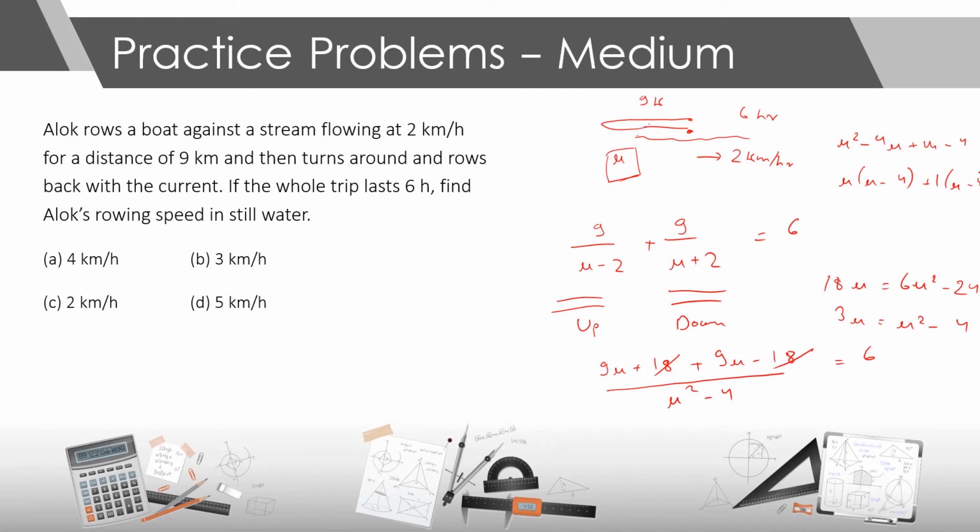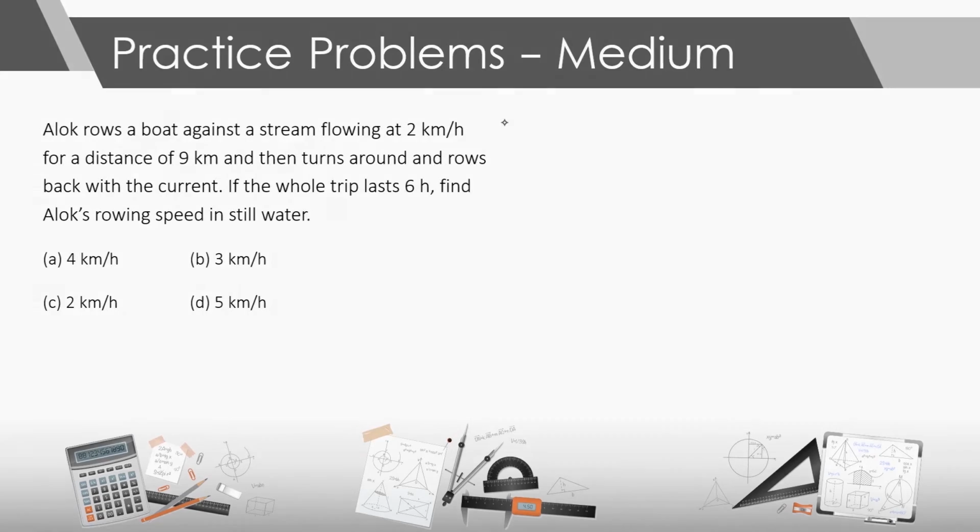So u plus 1 into u minus 4 is equal to 0. So the two solutions here are u is equal to minus 1 or u is equal to 4. So since his speed is going to be positive, u is equal to 4 kilometers per hour. So the answer will be A.